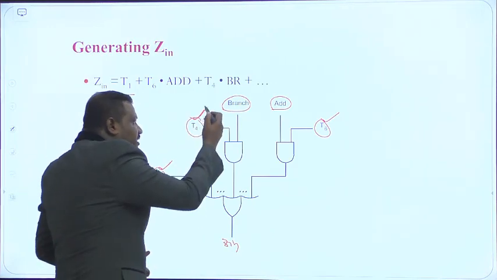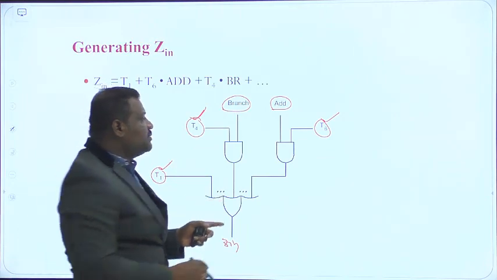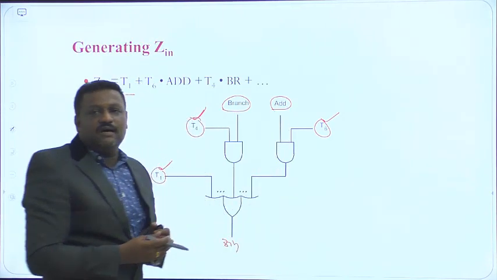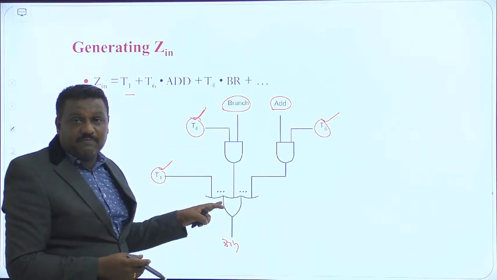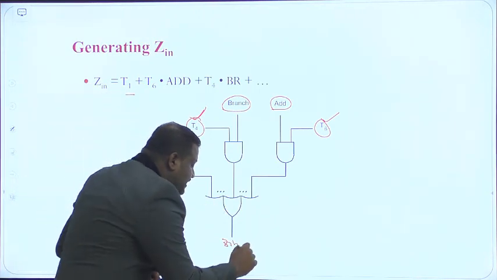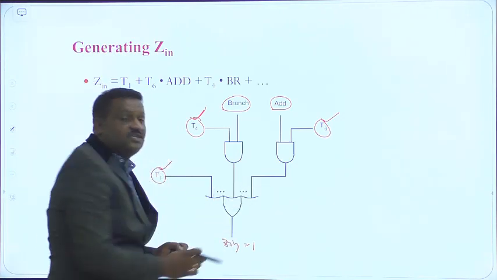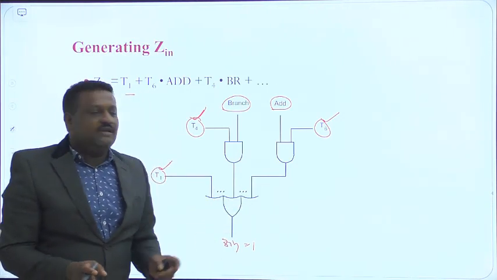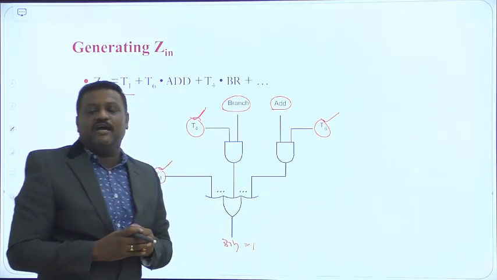It is also activated in T4, along with the branch. It is also activated in T6 along with add, because all these signals are given to the input of an OR gate. That means Zin is equal to 1 when at least one of its inputs is set to 1. So in these different time instants, my Zin signal is active.